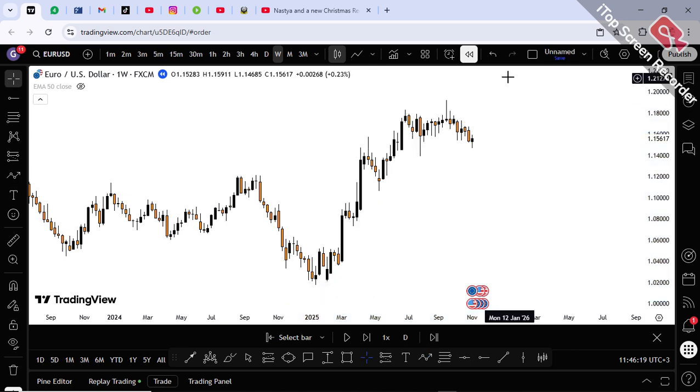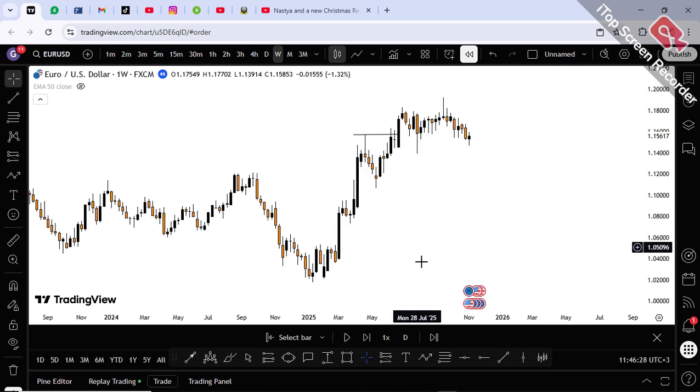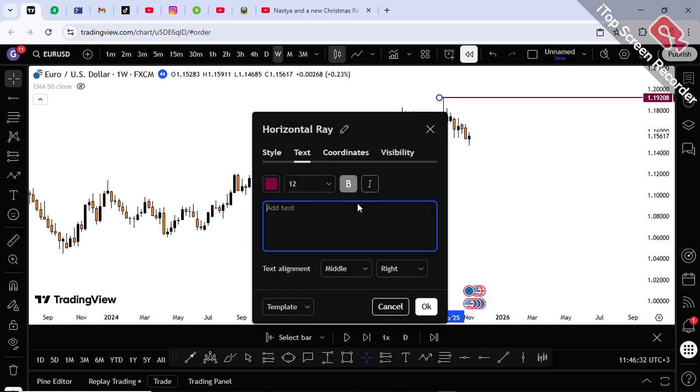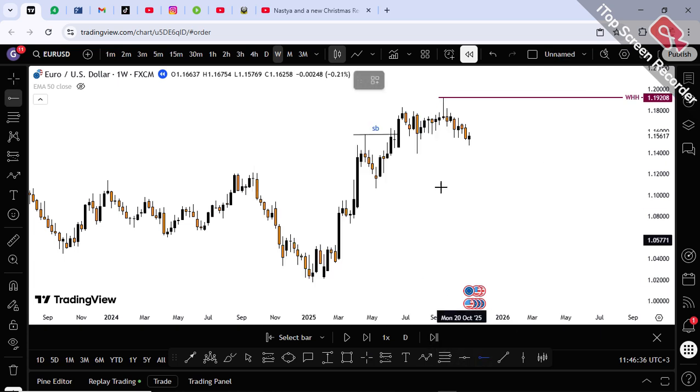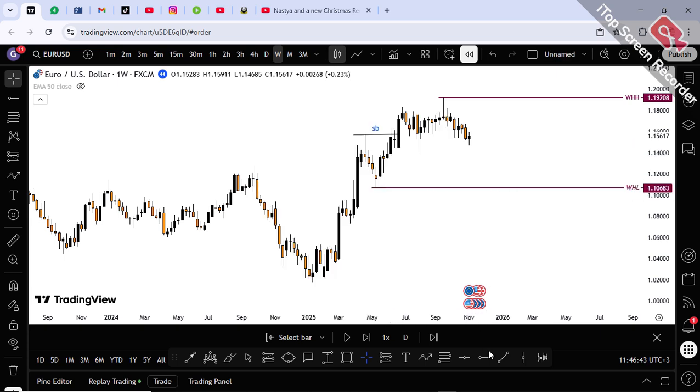So under such circumstances, we could perhaps realize the major structure is bullish. And here is where we have the latest bullish structure break, which gives us the top above the weekly high, and here at the downside, we are having a weekly higher low.